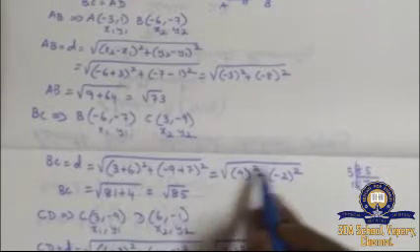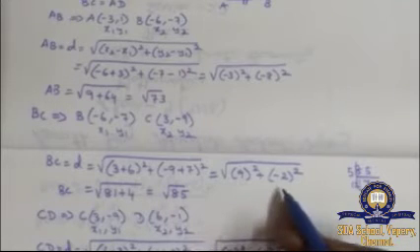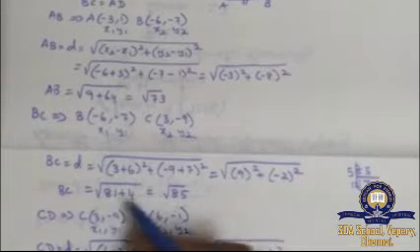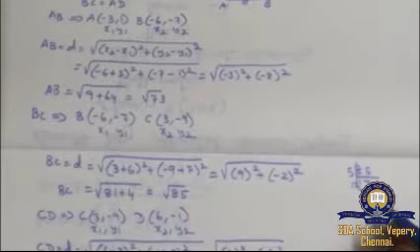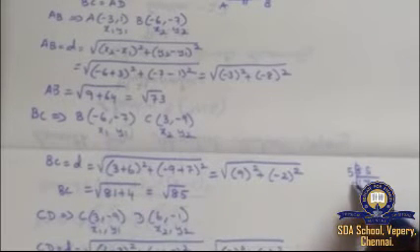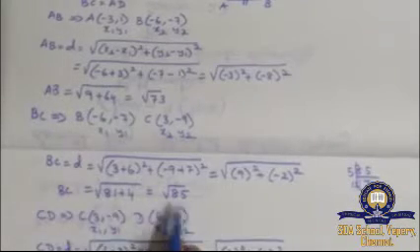That is root of 3 plus 6 is 9 the whole square, minus 9 plus 7 is minus 2 the whole square. 9 square is 81, 2 square is 4. 81 plus 4 is 85. If I split 85, I am getting only one value, so it is not necessary to split, right? So root 85.